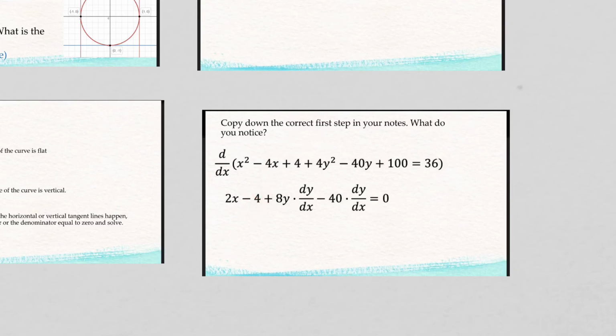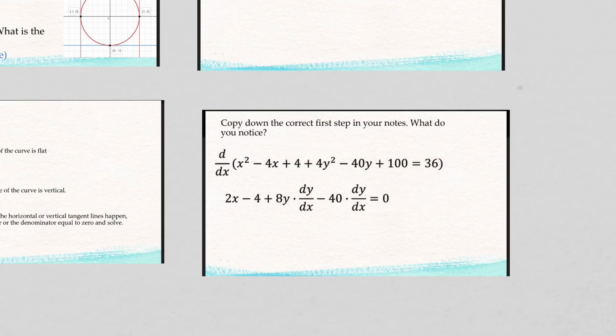Minus 4, plus the derivative of 4y squared is 8y multiplied by the derivative of y with respect to x. There's that dy dx. Minus the derivative of 40y is just 40 times dy dx. Plus the derivative of 100 is 0, and that's equal to the derivative of 36, which is 0.